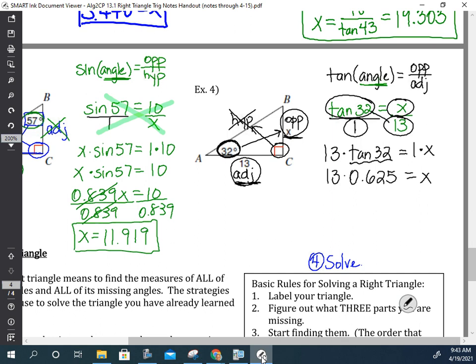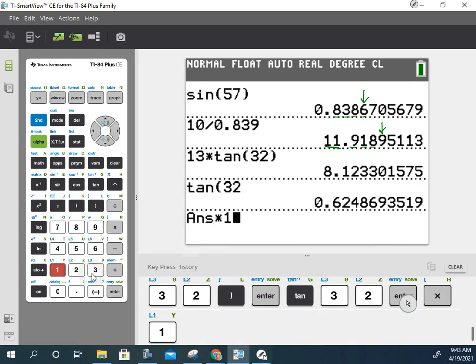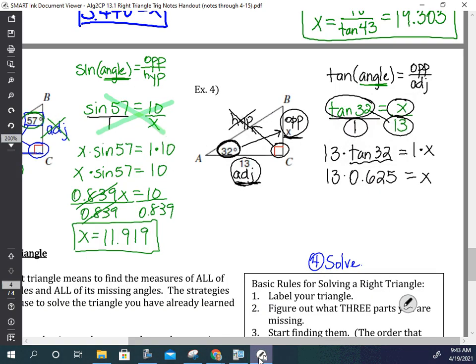And then 13 times 0.625 is 8.123. Any questions on example 4?